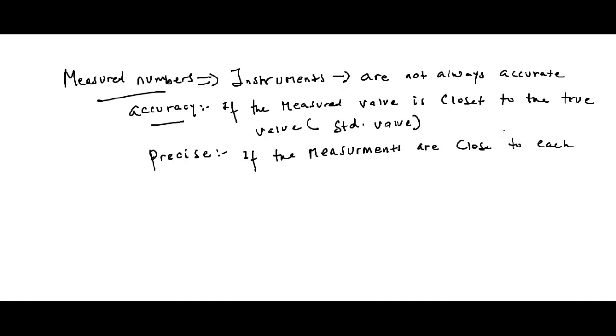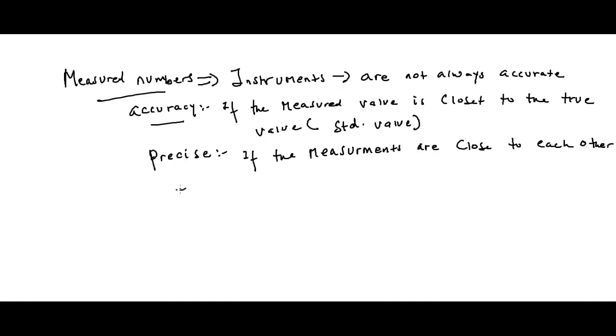So when we are dealing with measured numbers, we have to look at these two terms, whether our measured number is accurate and precise. In most cases we do measurements to avoid mistakes or errors.